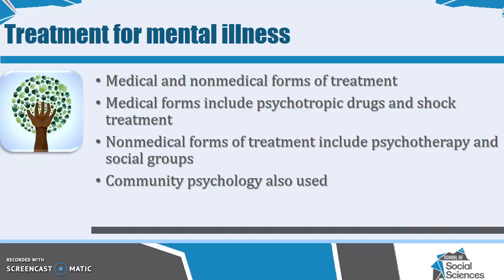Shock treatment, or electroconvulsive therapy, is kept for major, most severe cases. People don't just go and take shock treatment willy-nilly, right? Non-medical forms of treatment include psychotherapy and or social groups.